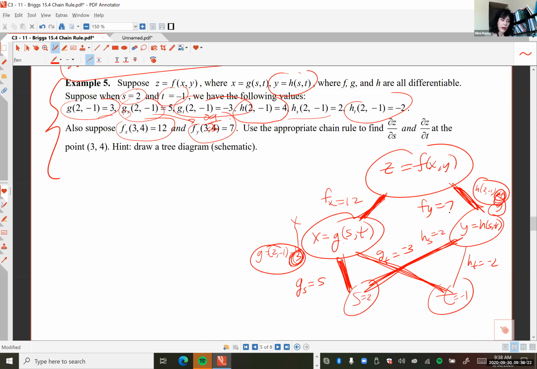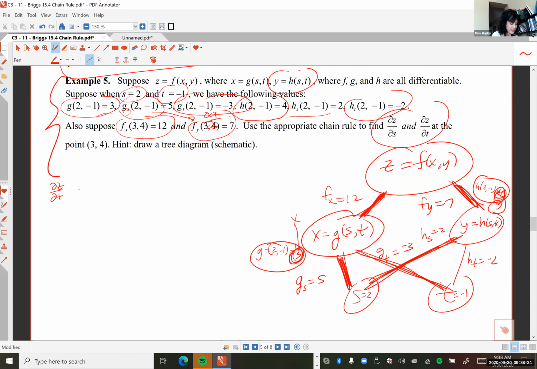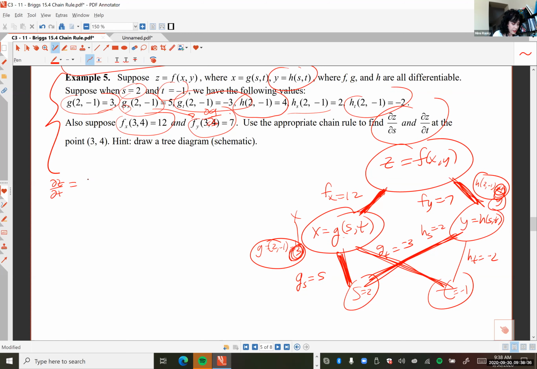Okay, fine. Now we're going to use the appropriate chain rules to get dz/ds and dz/dt. Okay, so if we use the theorem and we use the differential type notation, dz/ds is equal to the partial of z with respect to x times the partial of x with respect to s plus the partial of z with respect to y times the partial of y with respect to s.